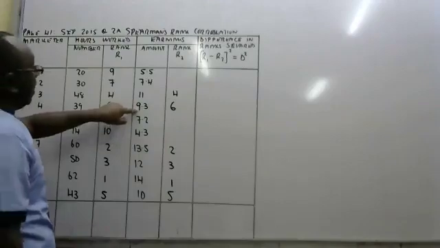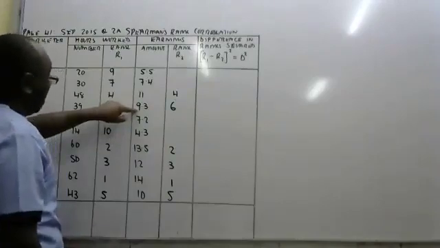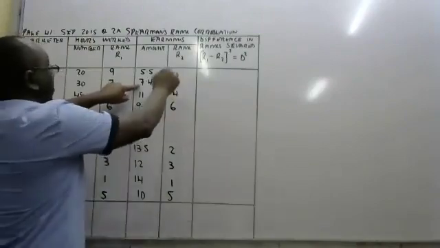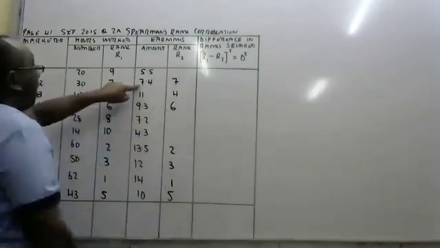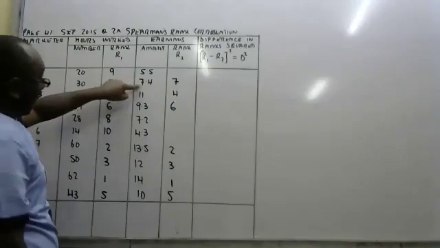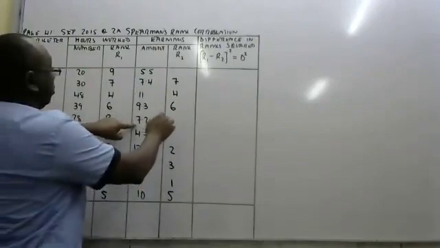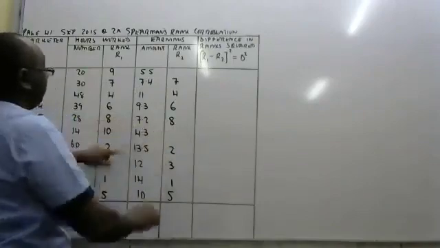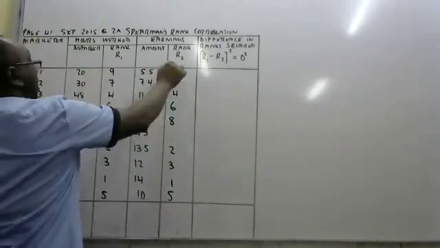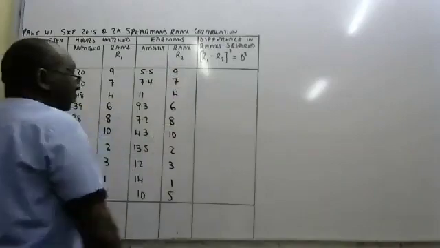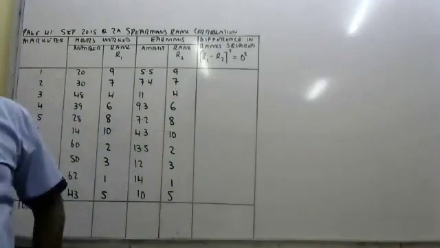After that, I have 7.4, which is number 7. After that, I have 7.2, which is number 8. Then I have this one, number 9, and this is number 10.